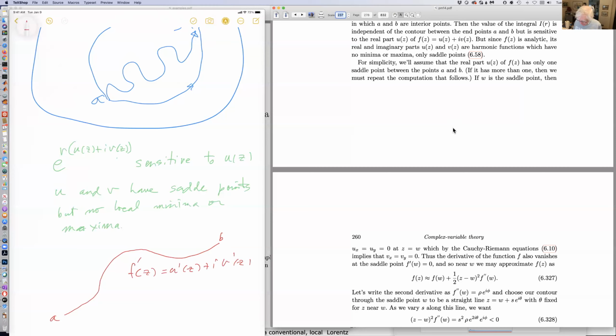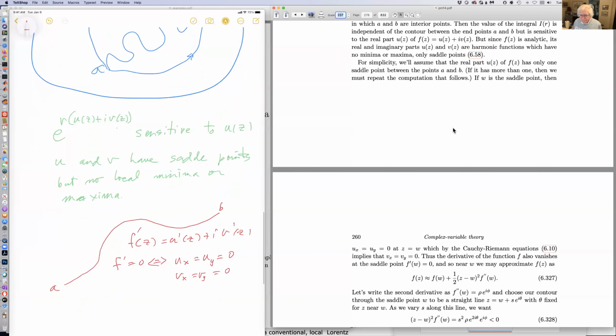Or if we switch to x and y, we can say that well, f prime equals 0 is equivalent to u sub x equals u sub y equals 0. And that tells us by the Cauchy-Riemann equation, we also have v sub x equals v sub y equals 0. So we want this because we're going through a saddle point of u.